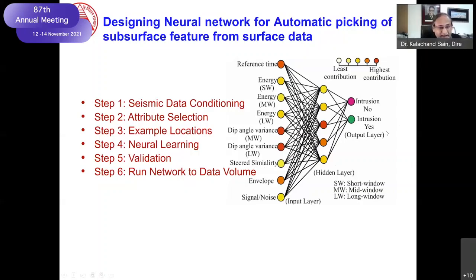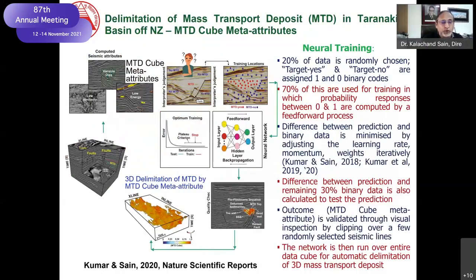Just to make it easy for the people who want to know how we can automatically define a subsurface geologic body from the surface data, this slide is very, very important, and I will take maybe one more minute to explain it. Suppose we are given a set of seismic data, and within the seismic volume there may be many geologic features. There can be faults, mass transport deposits, gas plumes, all sorts of things.